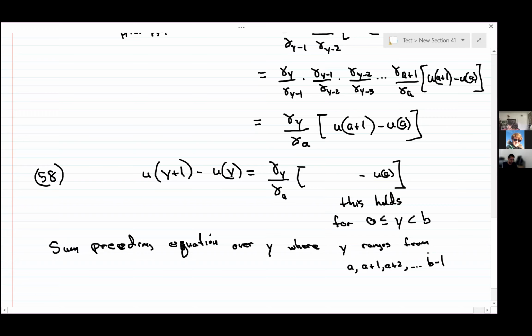Okay, so we know this equation holds for each of these values, including A, as we just pointed out. So let's sum it up over all of these values.